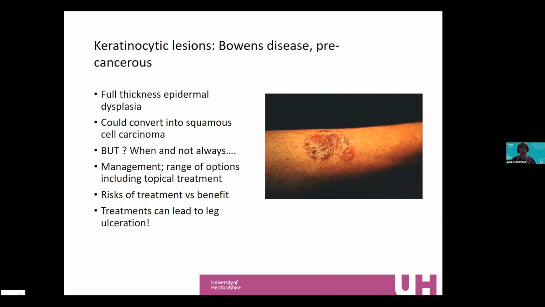So it's risks and benefits, and it will depend on a personalized approach. And many of you may be looking at this and thinking, golly, that could just be a patch of psoriasis. And you're absolutely right. This can mimic psoriasis, discoid eczema, or other conditions. So one of the tips is to use something like a combination antifungal topical steroid on these patches for a couple of weeks. And if it doesn't go away, it's likely to be Bowen's disease.